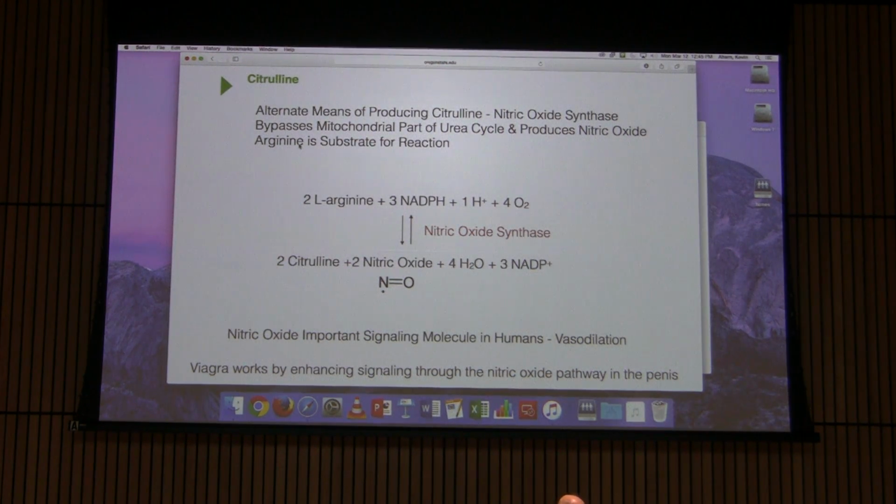So this has some consequences, some price. Cells don't make a lot of nitric oxide, so it's not like there's a lot of urea getting robbed in this process, but there is some that's lost simply because the arginine that would otherwise be used to make urea is being taken away and used to make nitric oxide.